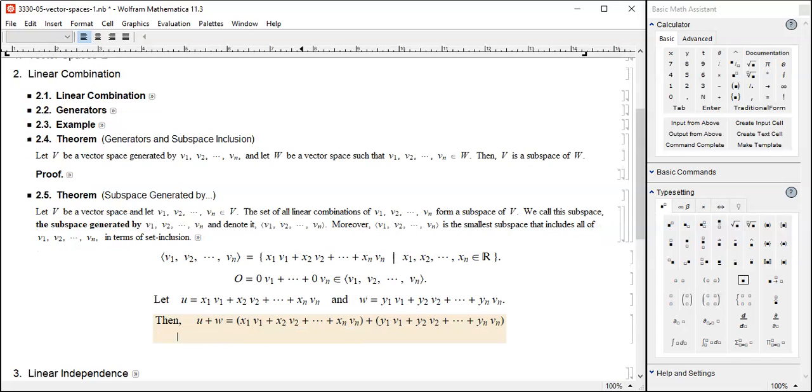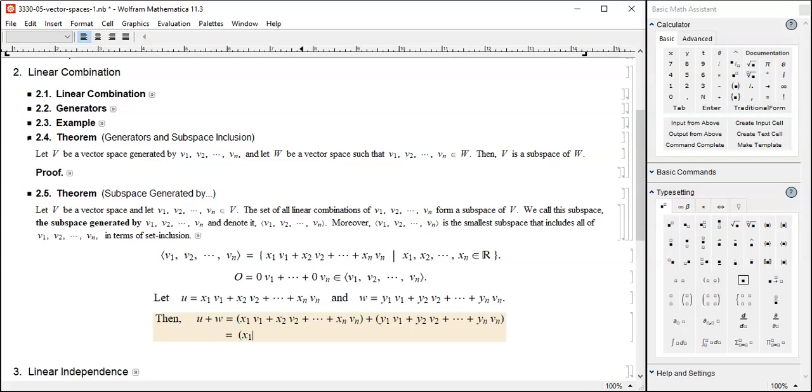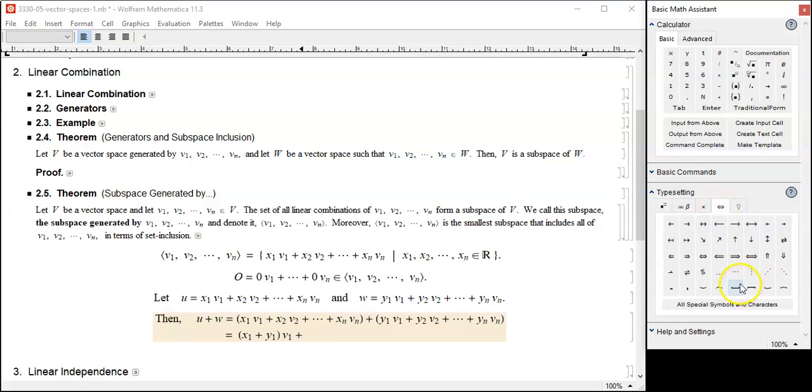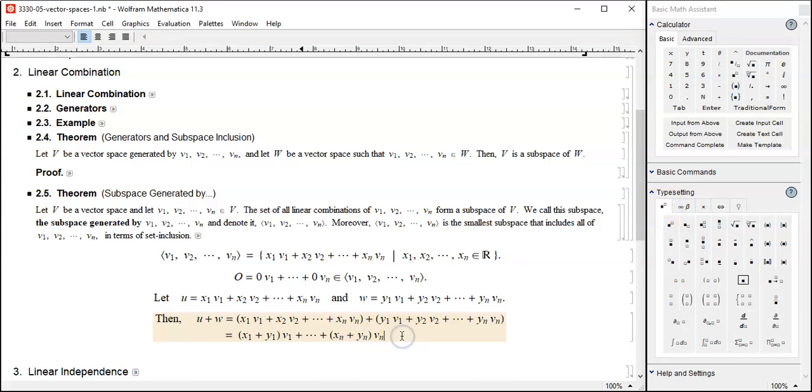But then again, this can be rewritten as x1 plus y1 times v1 plus dot dot dot xn plus yn times vn. Well, I skipped the second coordinate, but I hope everybody can understand this.